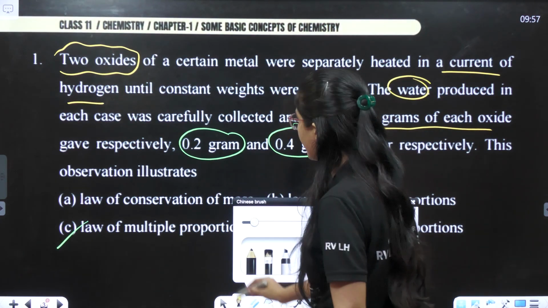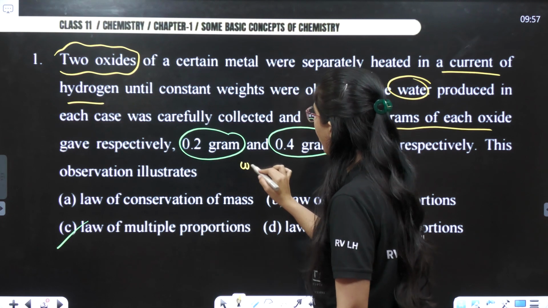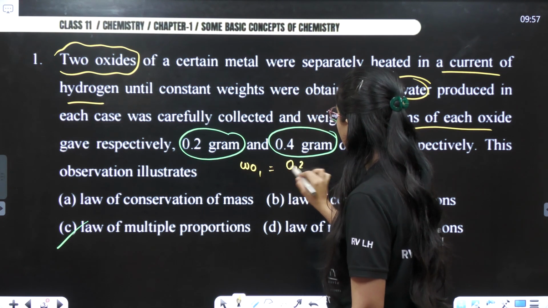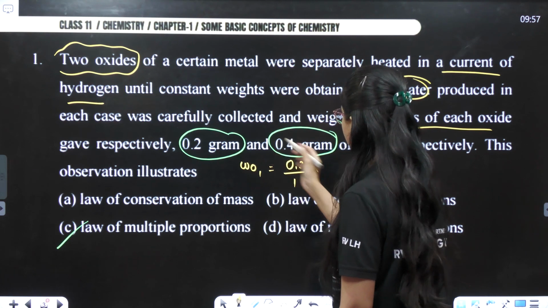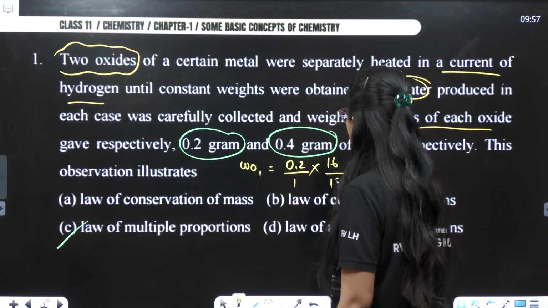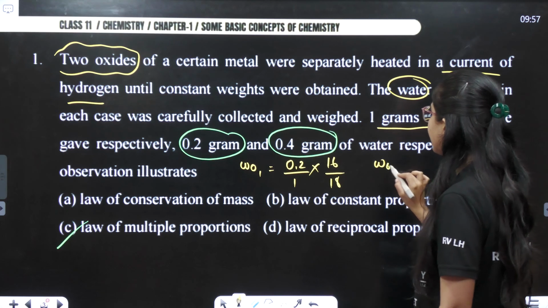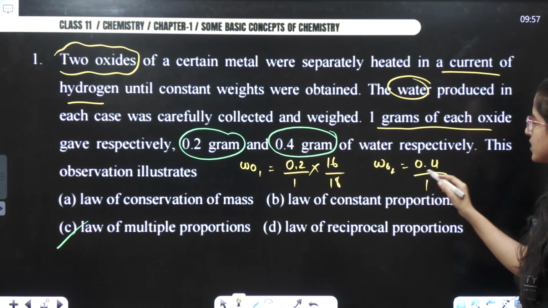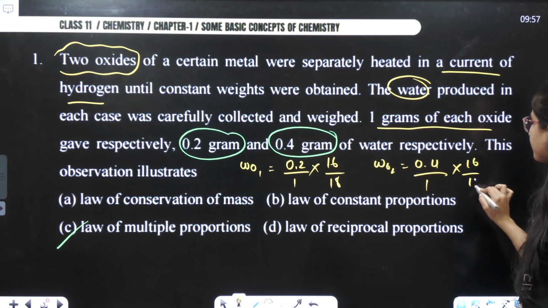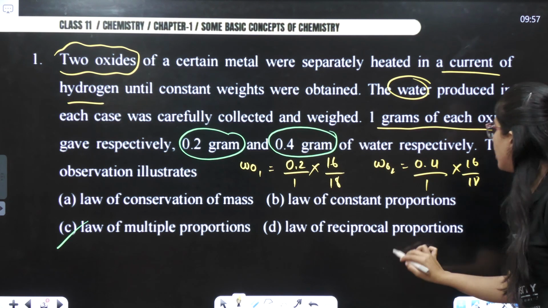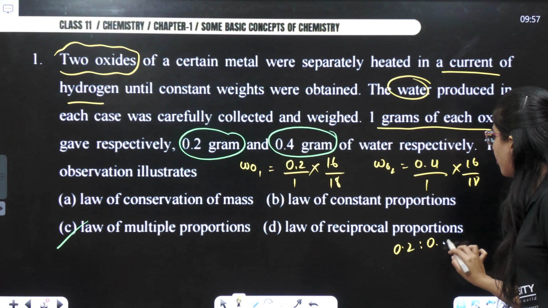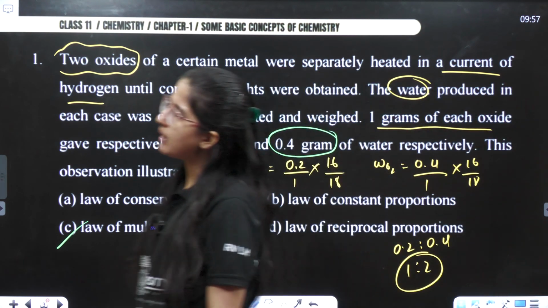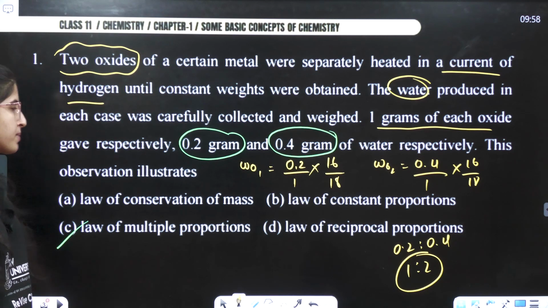For the first oxide, the weight of oxygen present will be 0.2 divided by 1 gram you have taken, times the mass of oxygen 16 over the mass of water 18. In the case of the second one, it will be 0.4, mass of oxide is 1, and 16 divided by 18. So it gives you a 0.2 to 0.4 ratio, that means 1 is to 2. Therefore it is a simple multiple and hence the law of multiple proportions.